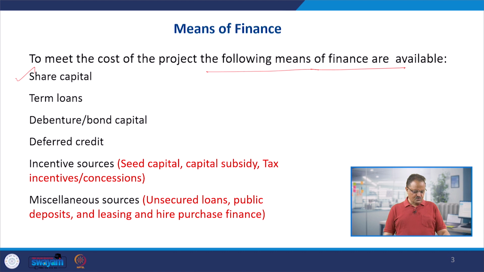Then there are the incentive sources, which are seed capital, capital subsidy, tax incentives and concessions. Largely these sources come from the government, right? Sometimes the government, to support industrialization or employment generation in any particular area, or to deal with some kind of problems, for example antisocial elements who are involved in such activities because they are unemployed.